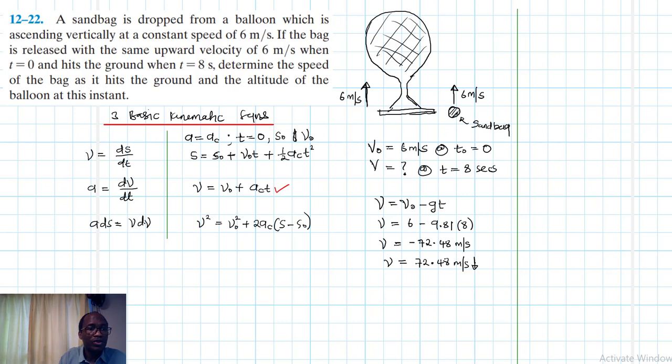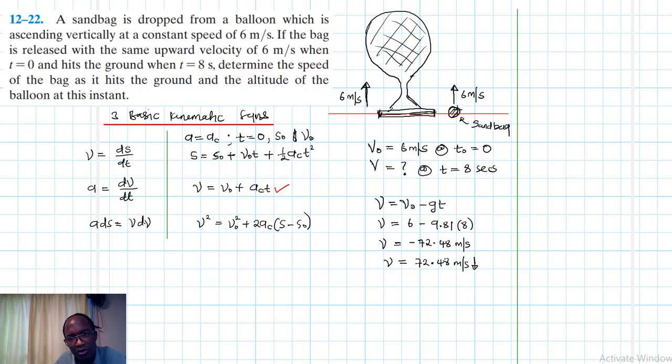So if this was the initial position of the balloon, by then it will have moved to a new position. Let me just write this properly.